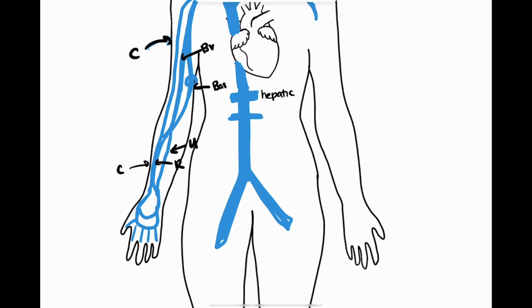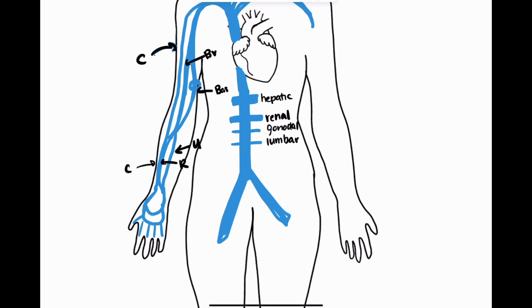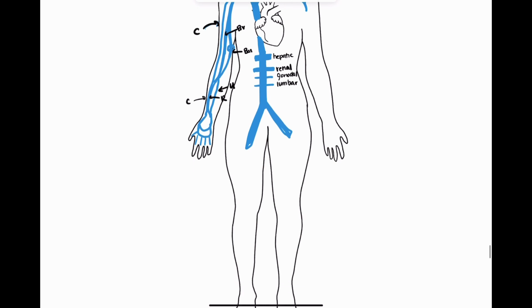Then we have our renal. Again, renal goes to our kidneys. So our renal vein. Below that, we have our gonadal. And below that, we have our lumbar. Those are all the veins that we see there. There's some other smaller ones, but those are the ones you need to know for the class.